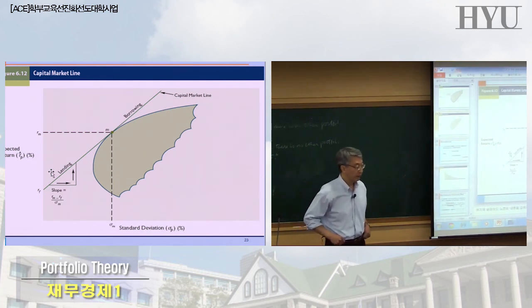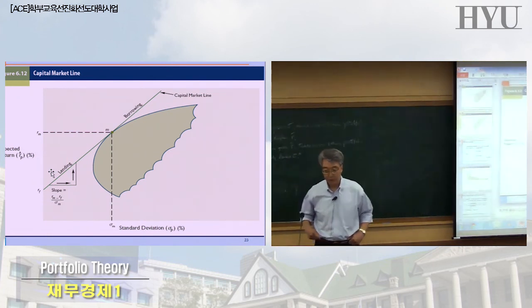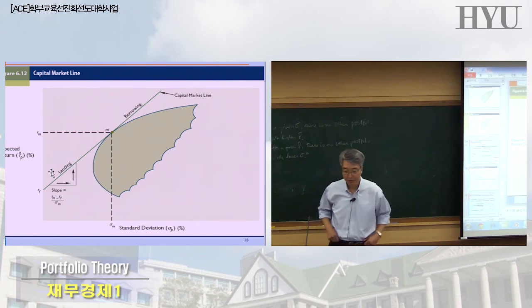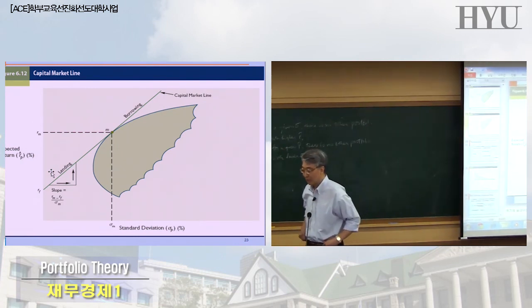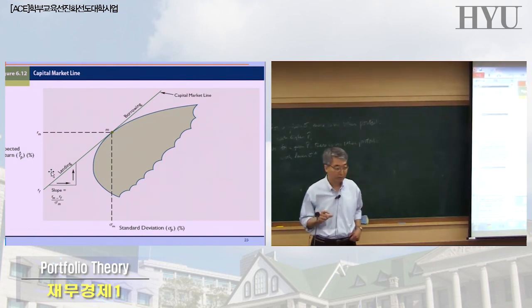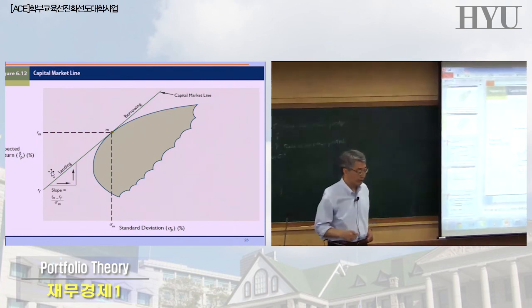T-bill, okay. Right, Treasury bill. Or in the case of Korea, I guess the 3 months 국고채, the government bond with the shortest maturity. I don't know exactly about the Korean case, right?